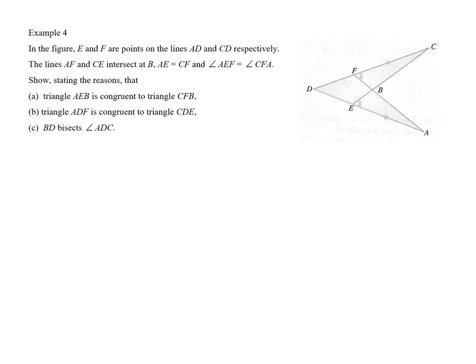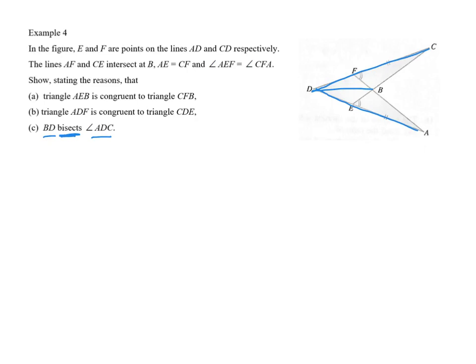Congruency example for C. Now the question wants us to show that the line BD bisects angle ADC. What does this word mean? It means that if I were to draw a line BD, this line will cut angle ADC into two equal portions.